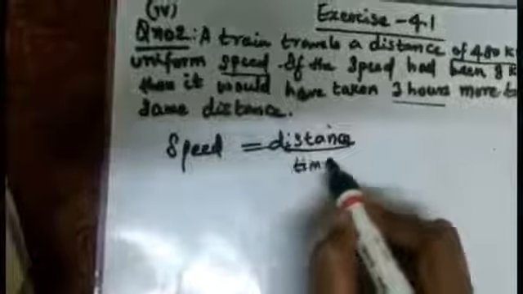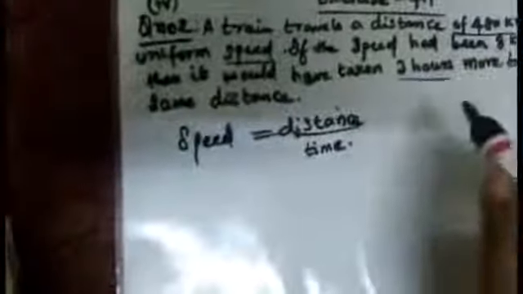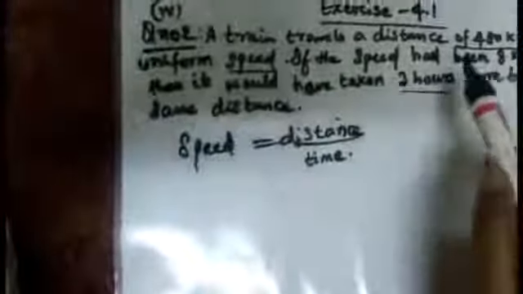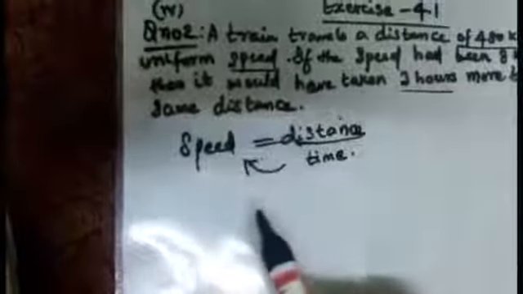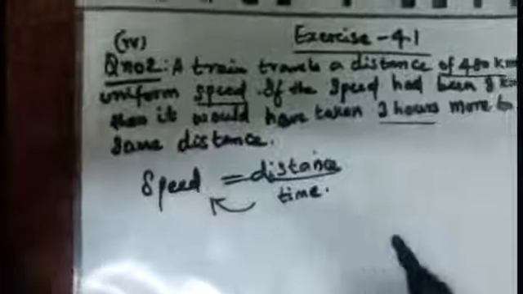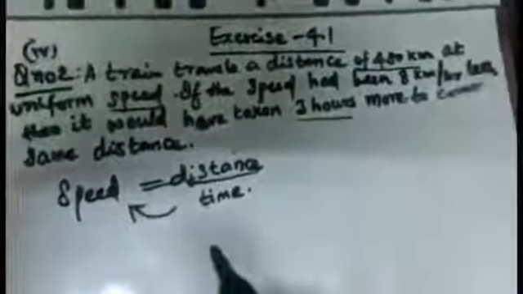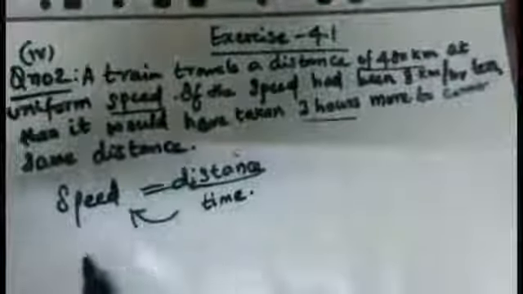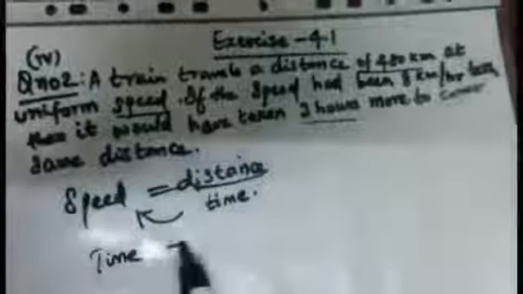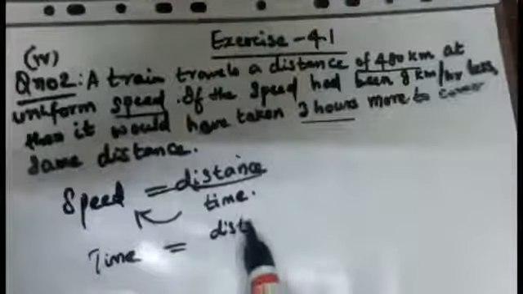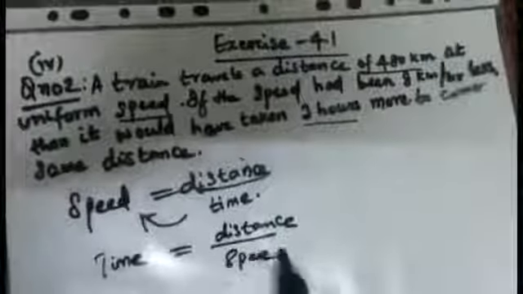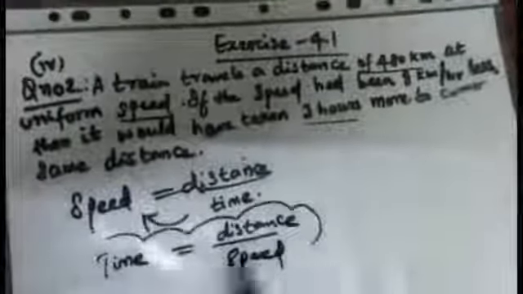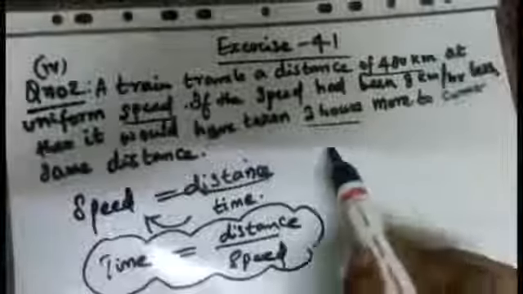Since it is relating both the cases with time, I will make time the subject. This is a tip I am giving you so that you understand why we make time the subject and not speed. So I am writing the formula here, time equals distance by speed. Based on this formula we will proceed in our problem.